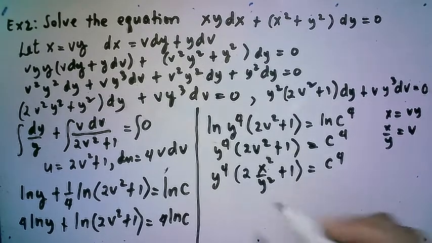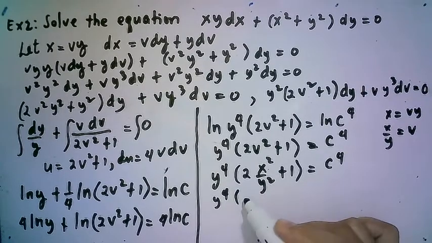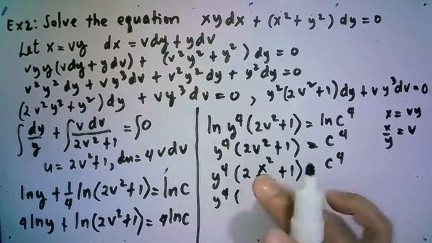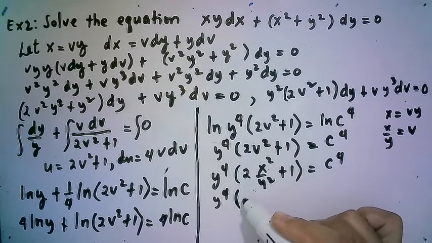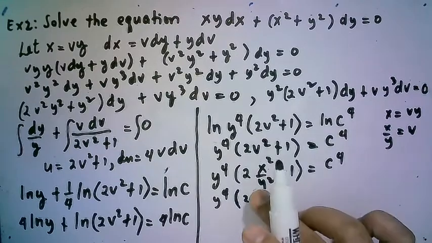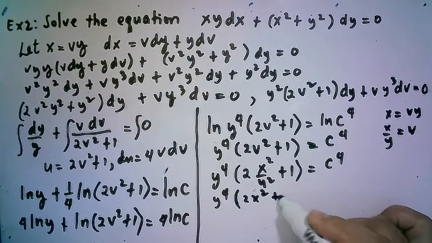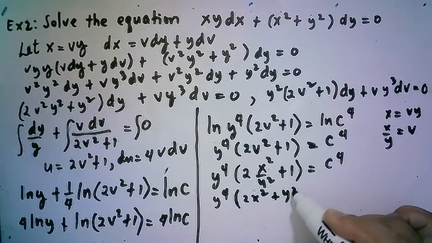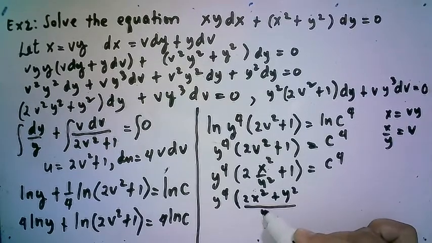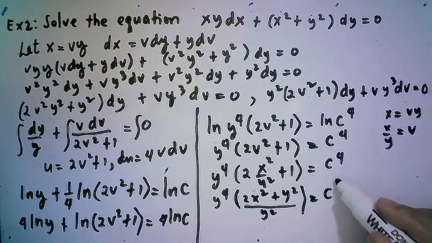So we have 2x squared plus y squared all over y squared equals c to the fourth.